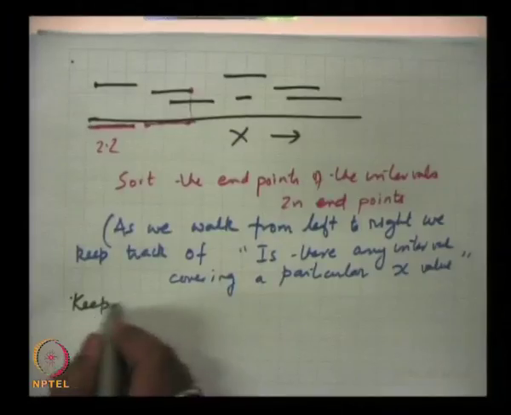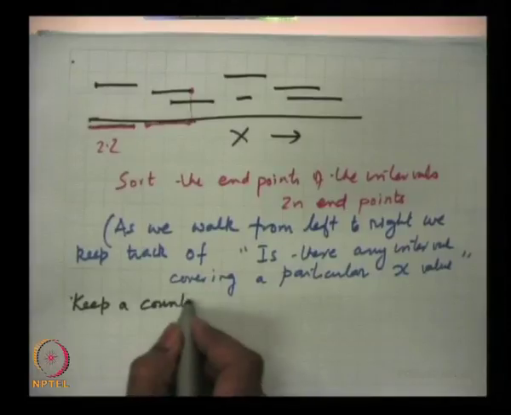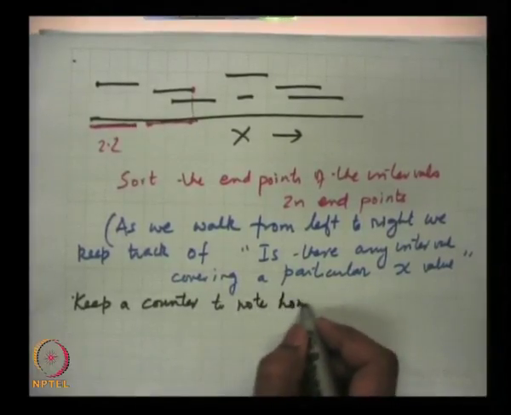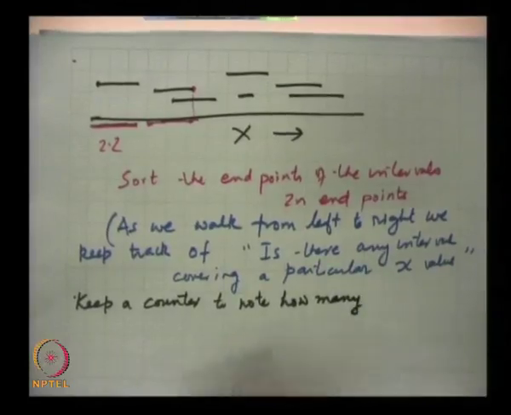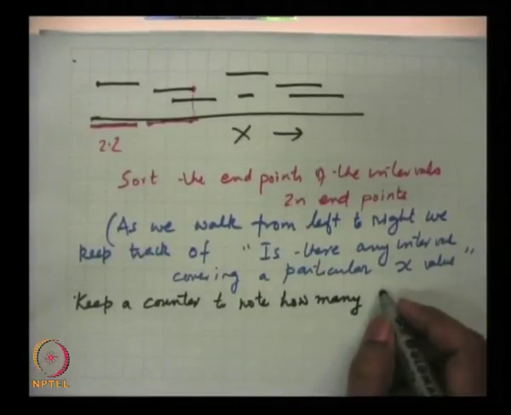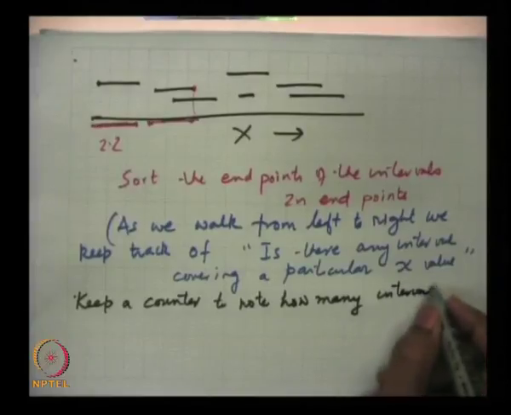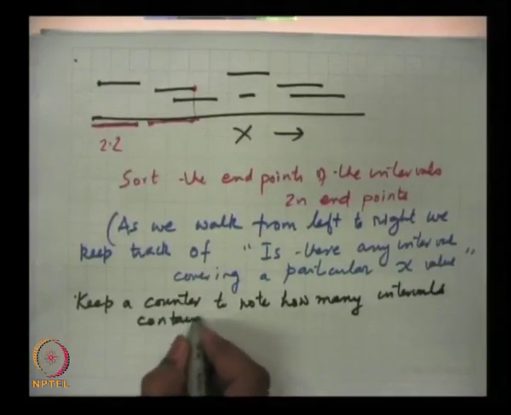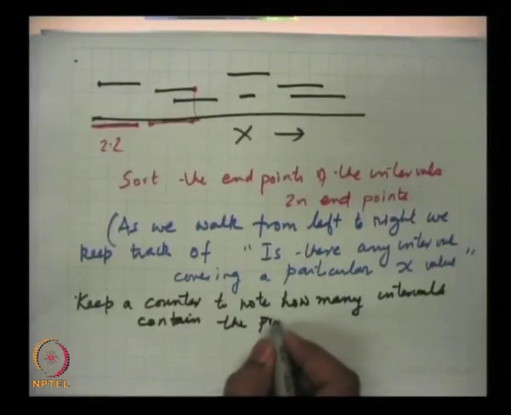If the stack is empty, you don't walk. No, so what do you need a stack for? I am just talking about a counter, a simple counter will do. All I am saying is keep a counter to note how many intervals contain the present x coordinate.